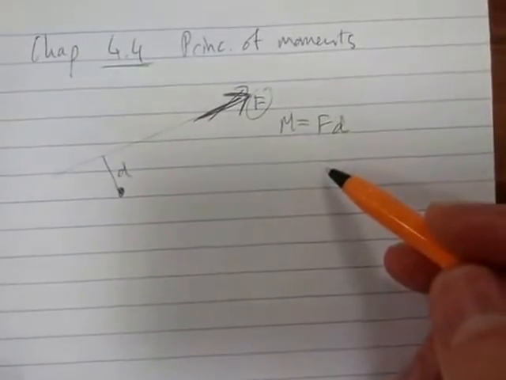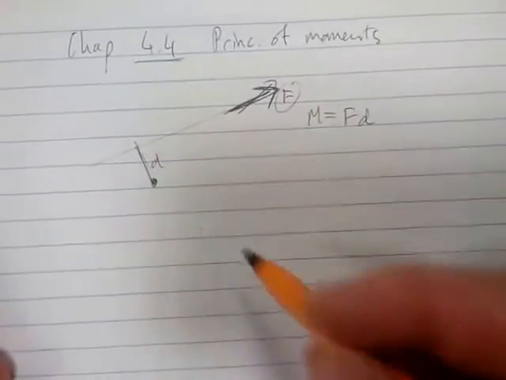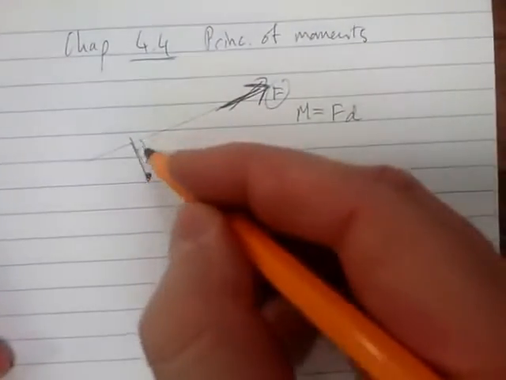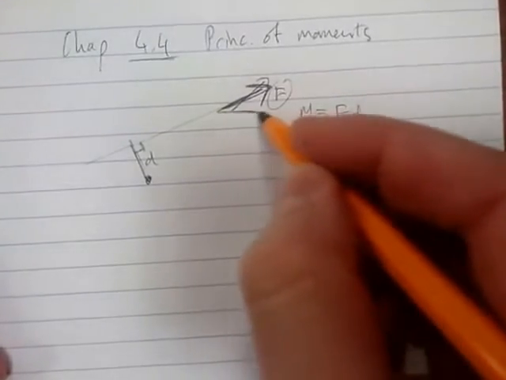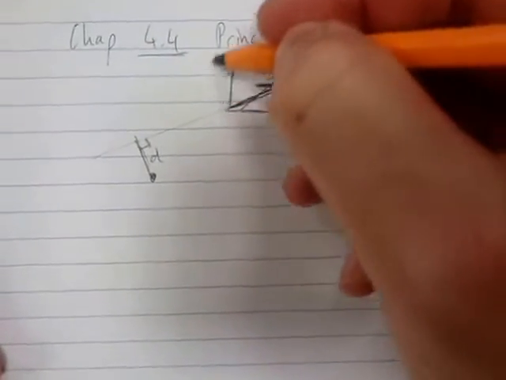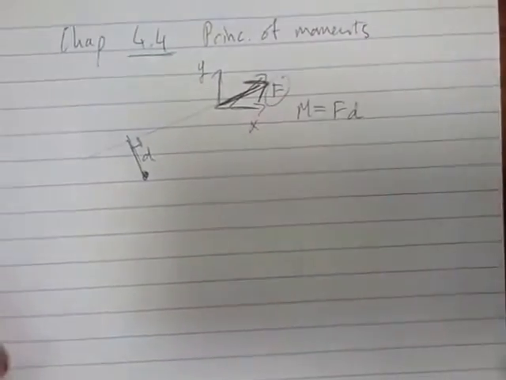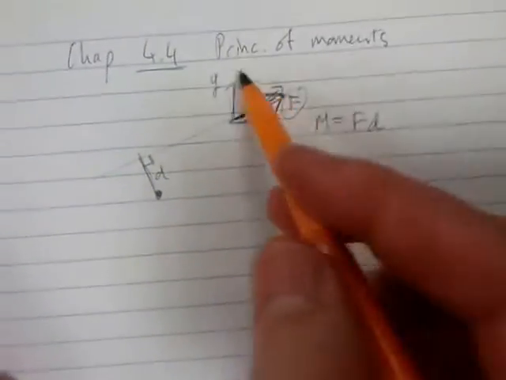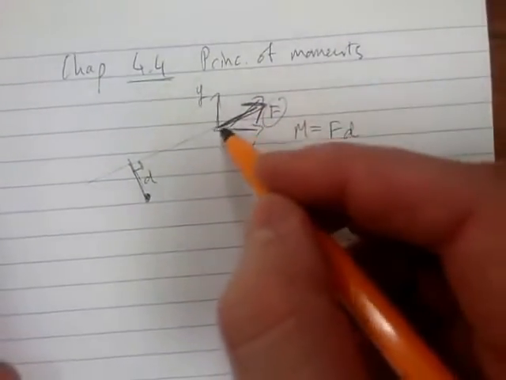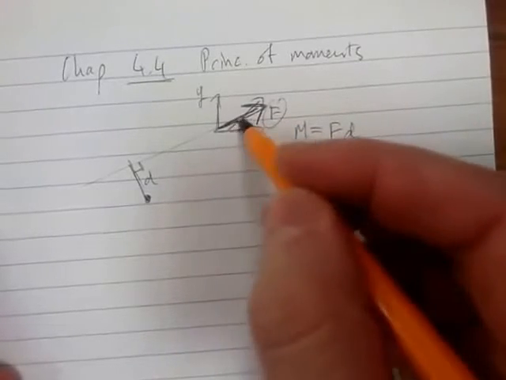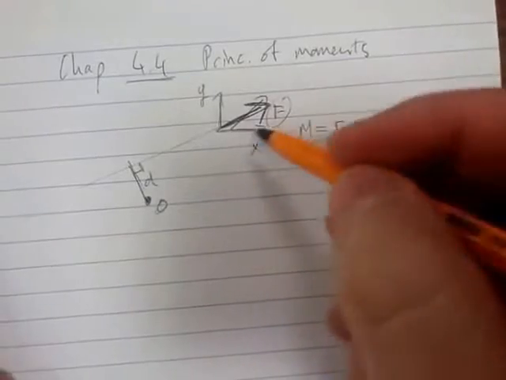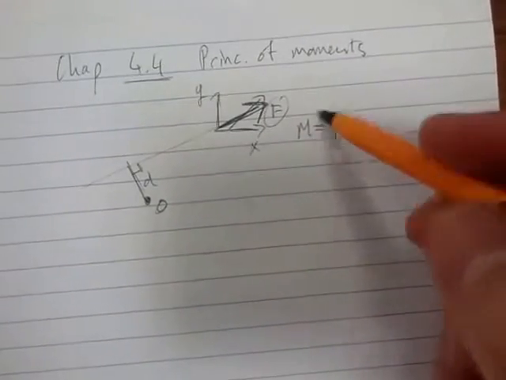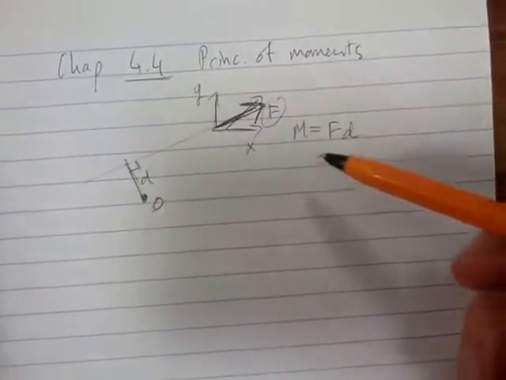But remember that if it's not easy to find that perpendicular distance, maybe even impossible, what do we do? We break this force up into x and y. And so the principle of moments states that the moment of that force about that point is equal to the sum of the moments of the components of the force.